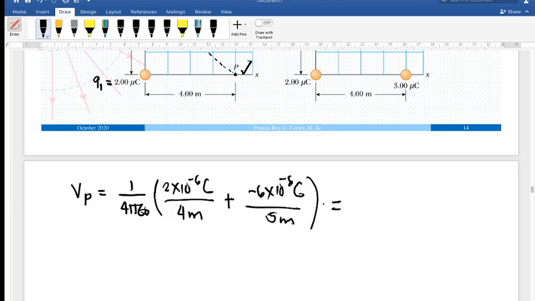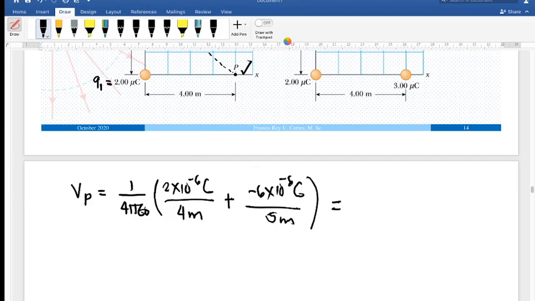So we have 2 divided by 4, then minus 6 over 5. So that is negative 0.7.